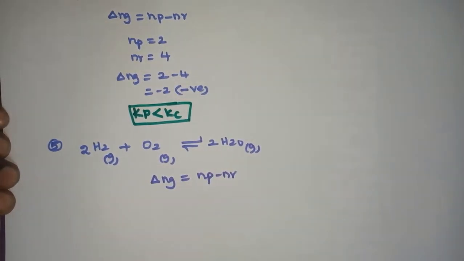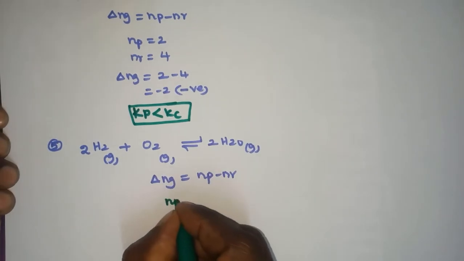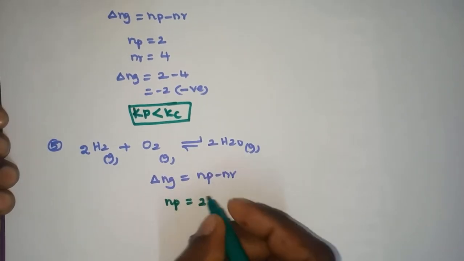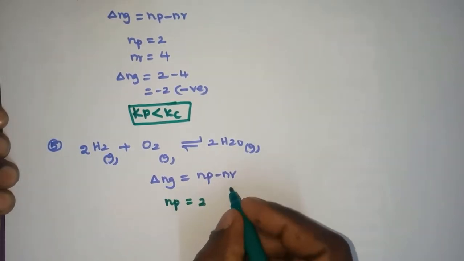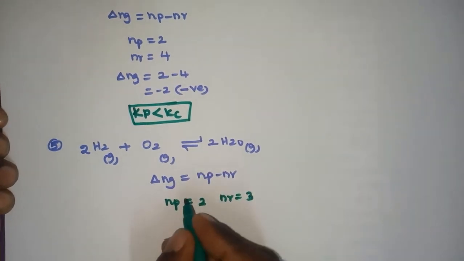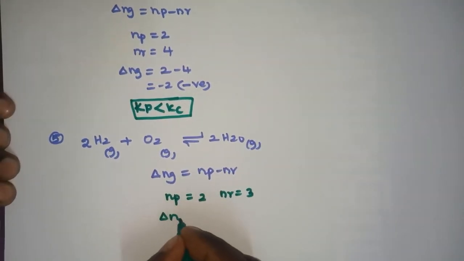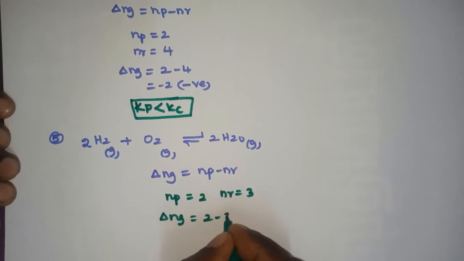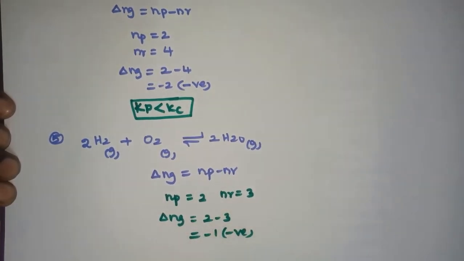Np is the number of moles of gaseous product, Nr is the number of moles of gaseous reactant. Np value for this equation equal to 2, Nr value equal to 3. So substitute the value. Delta Ng equal to 2 minus 3 equal to minus 1. That means a minus value. So Kp is smaller than Kc.